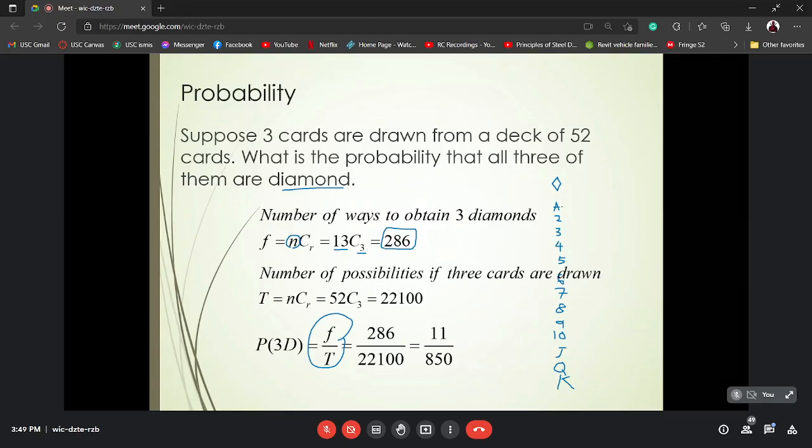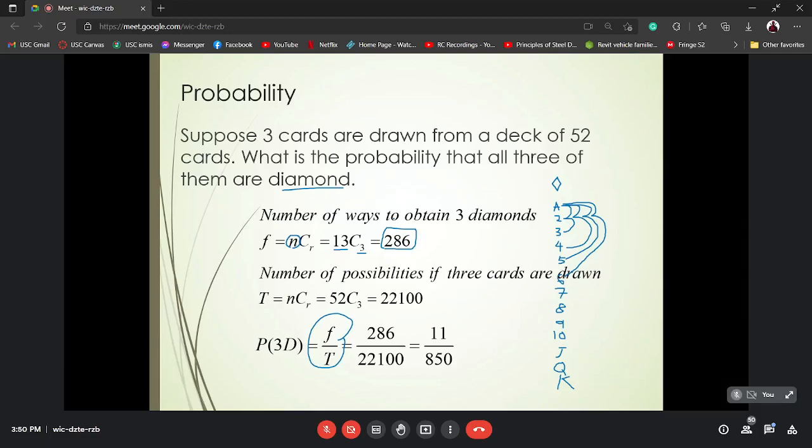So 3 cards, it might be this one and that. So this is one possibility. But this is also another possibility. Okay, that's 2 already, another one, and so on. So you can imagine that there are 286 favorable outcomes. There are 286 different ways of choosing 3 diamond cards from a deck of playing cards.